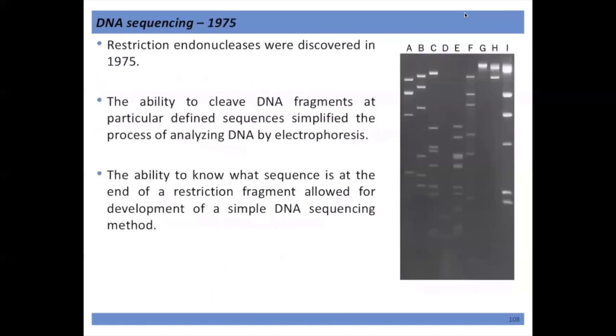So they actually discovered restriction endonucleases. These are enzymes that cut in the middle of DNA, and these were discovered around 1975, and they can actually cleave at very specific and well-defined spots, and we're going to talk about that a little bit more.